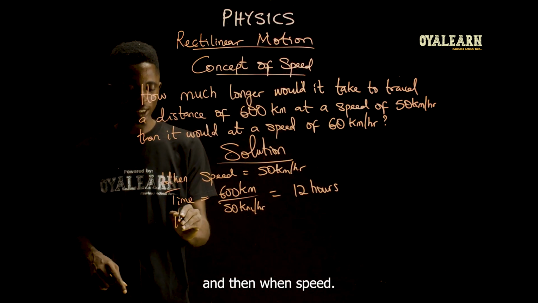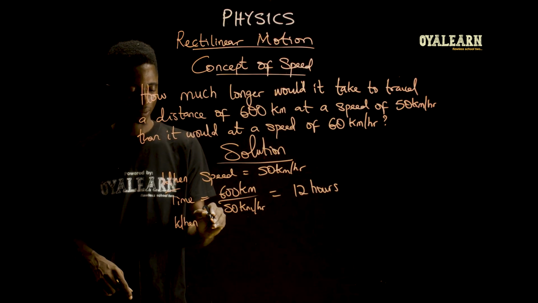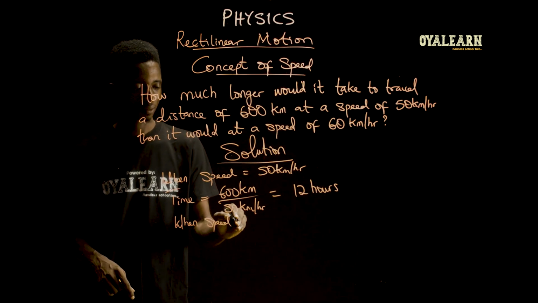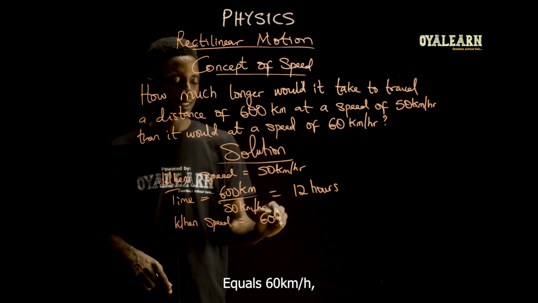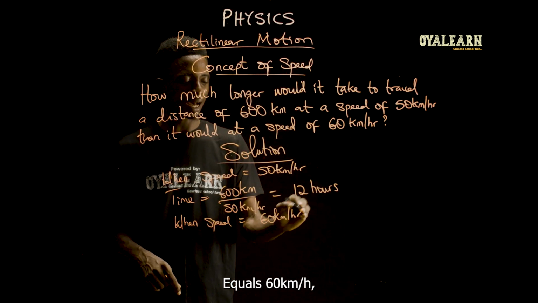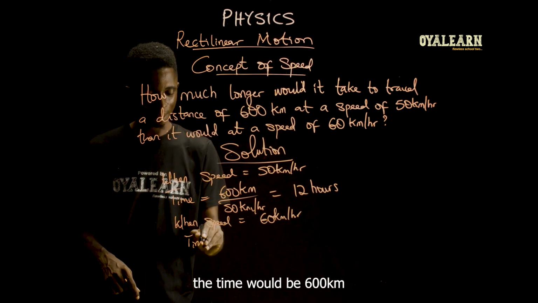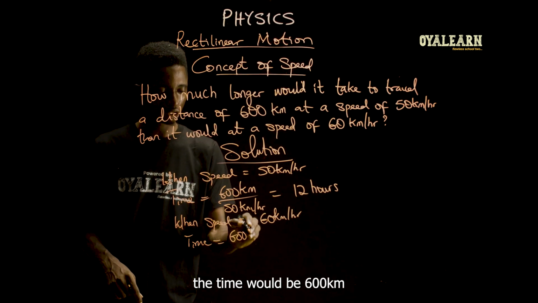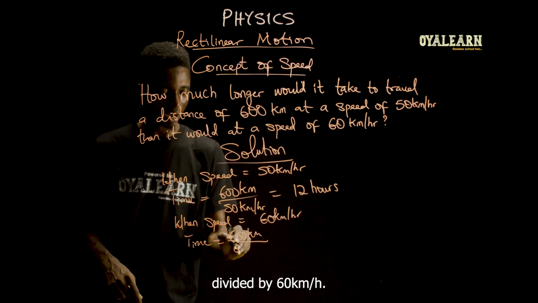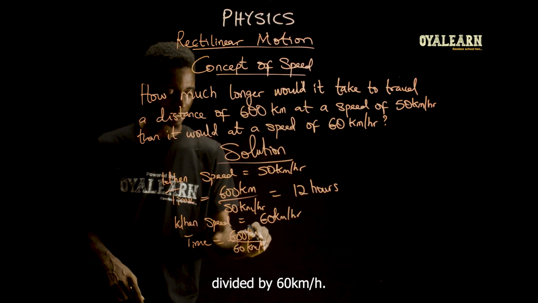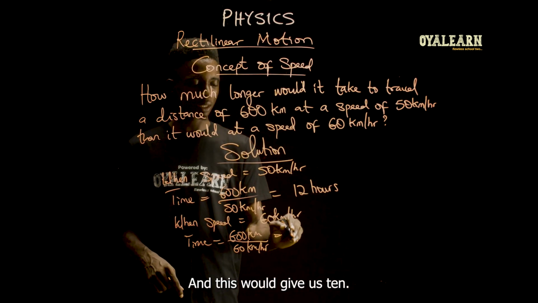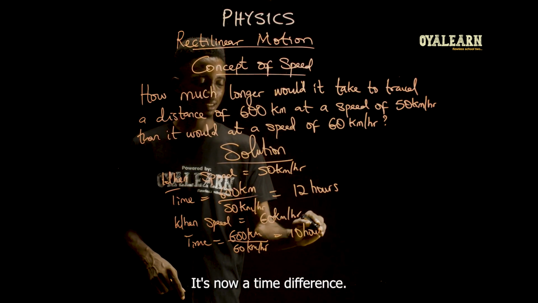And then when speed equals 60 kilometers per hour, the time would be 600 kilometers divided by 60 kilometers per hour, and this will give us 10 hours.